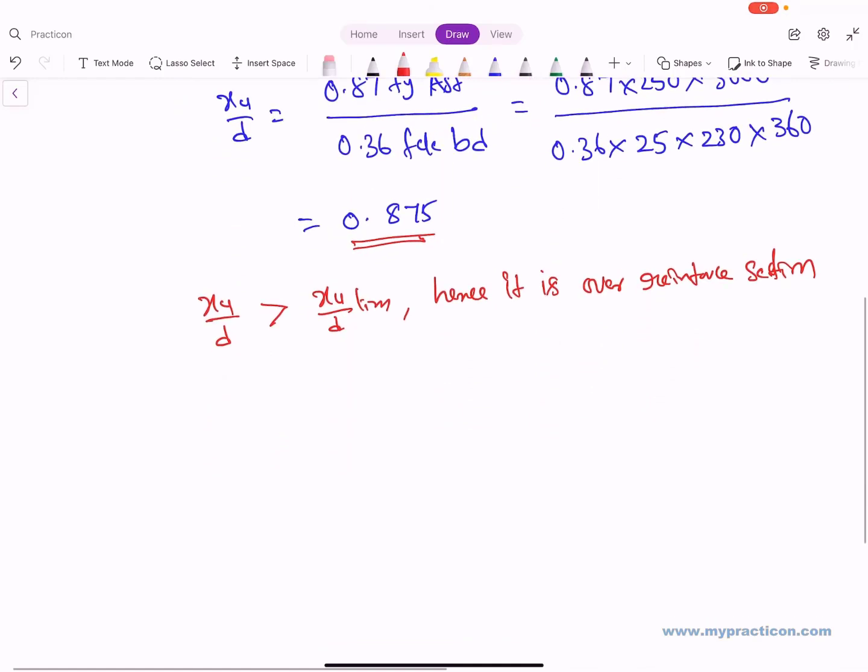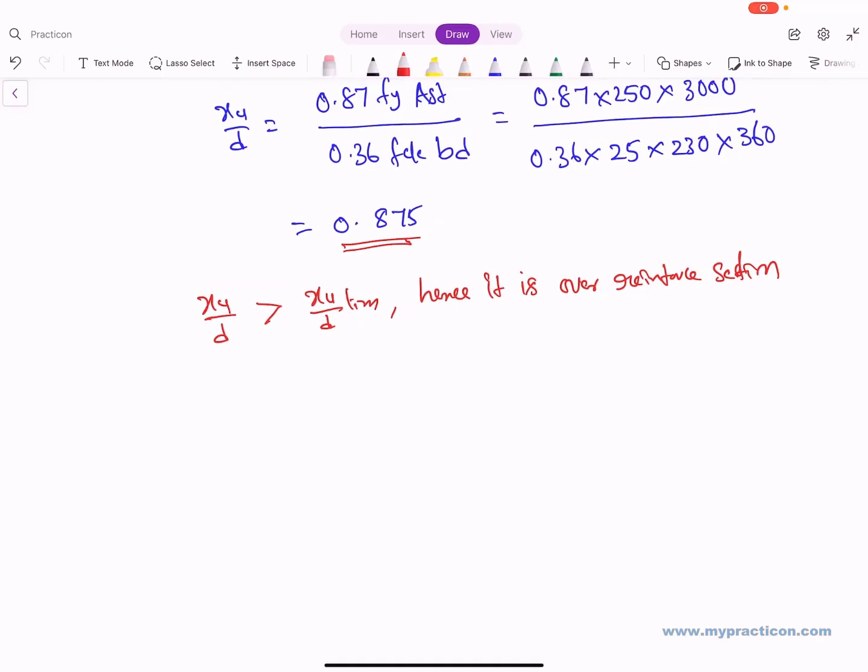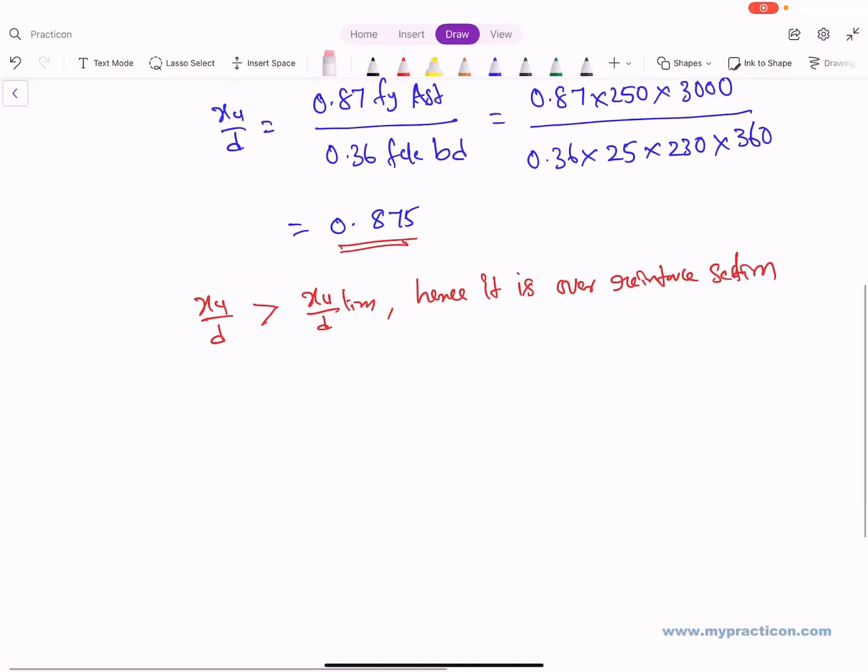Now, one should know the balanced moment carrying capacity. We have used two, three standard equations before. You can use this equation to calculate the MU limited.